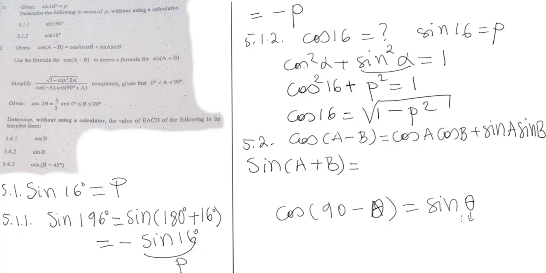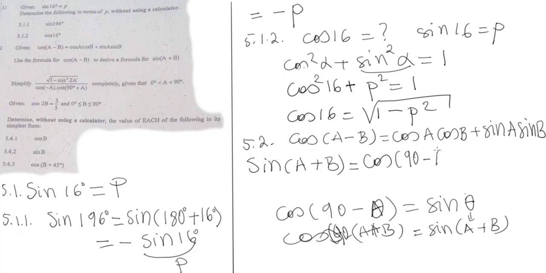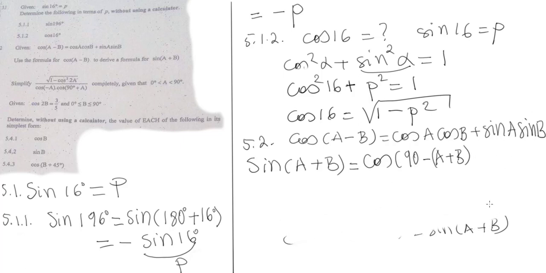Let's consider it to be A plus B. So here also we put A plus B. So this will be cos of 90 minus A plus B, which is sin A plus B. What is going to happen here?